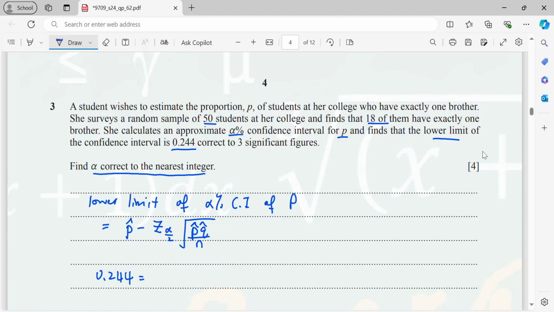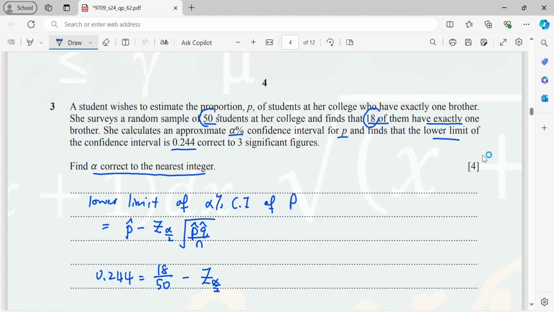Now the P hat is the probability of success. So 18 out of 50 students have exactly one brother. That is the proportion of success. So here I will write 18 over 50 minus the value, the Z alpha over 2.